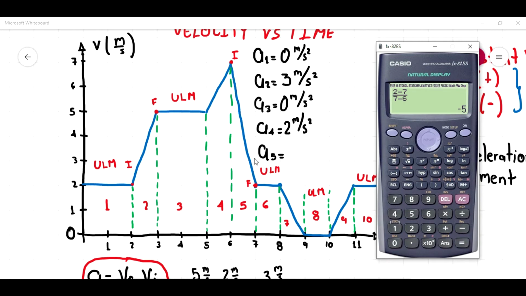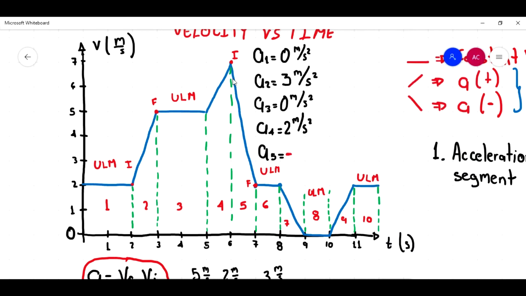Minus 5. So that means that this car changes its velocity by minus 5 meters per second each second. So this is going to be, let's change the color, minus 5 meters per second square.